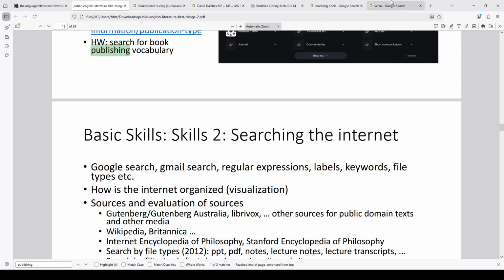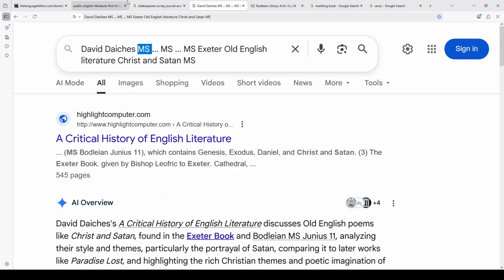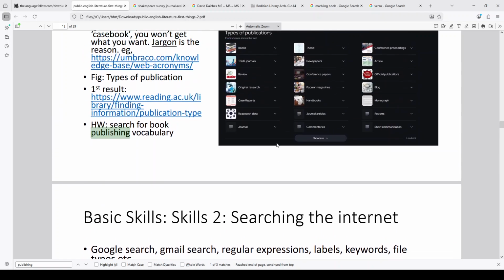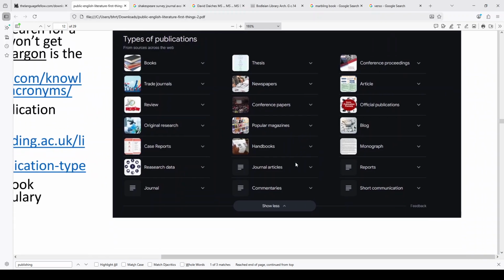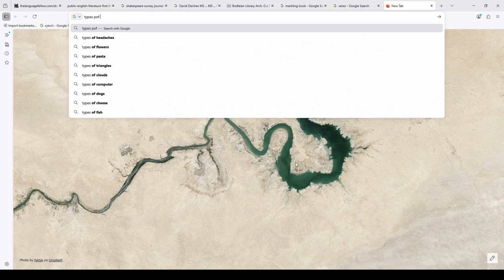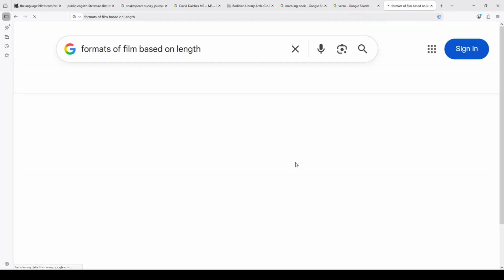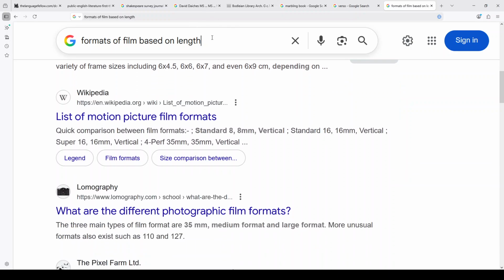So, coming back to journals, coming back to manuscript, I've already put these things in the slides. Types of publication, types of book, and so on. So, for example, types or formats of film based on length, based on runtime.